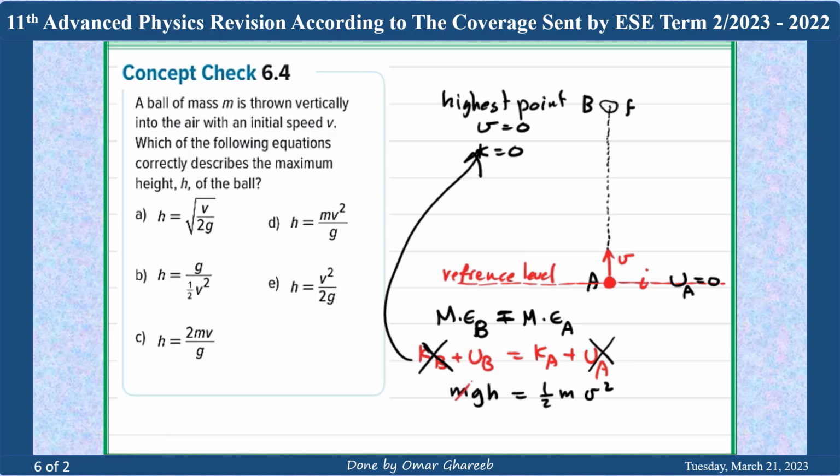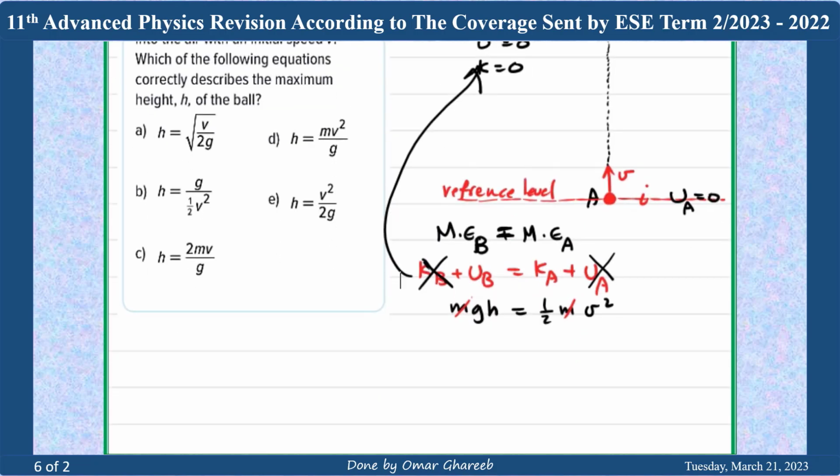We can cancel m with m. Then we make h the subject of the law: h is v squared over 2g. That's it. Piece of cake. So the answer is E.